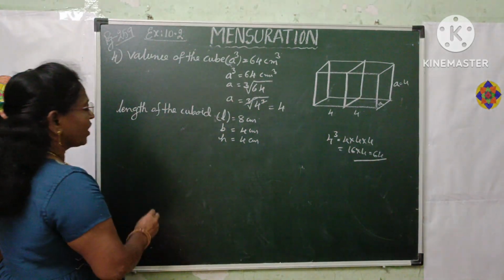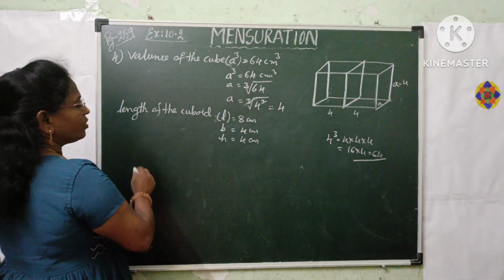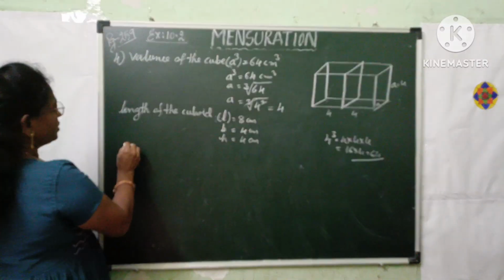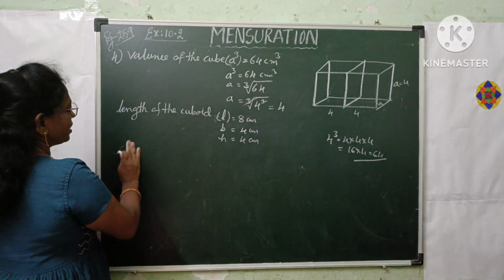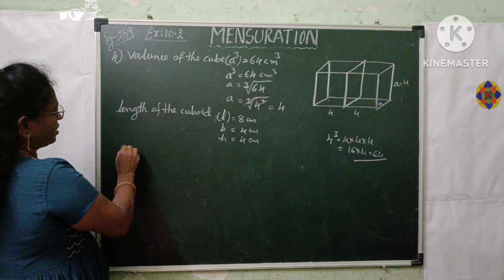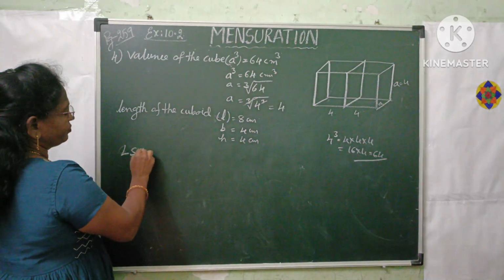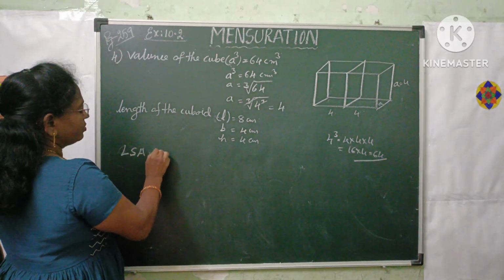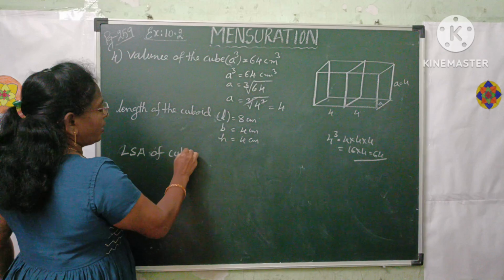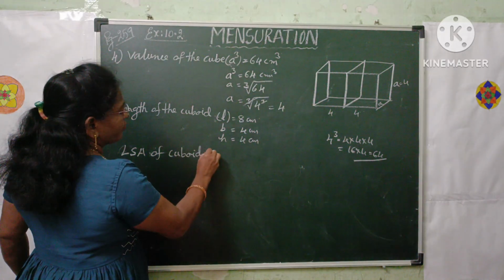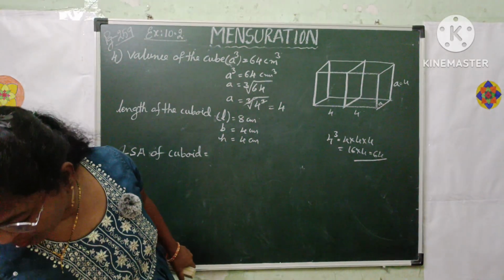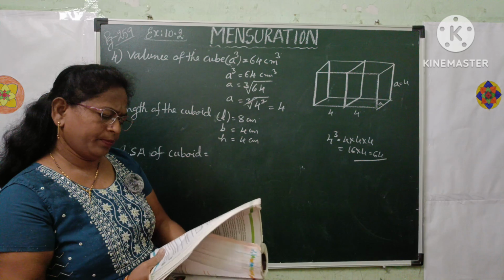Right. The surface area formula of the cuboid is, surface area means lateral surface area, LSA of cuboid.